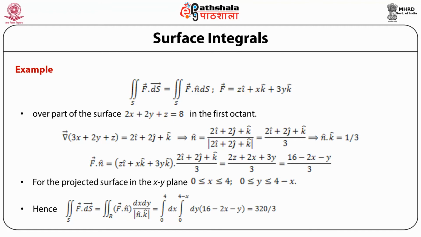Hence, surface integral over S of F dot ds is equal to surface integral over R of F dot n cap into dx dy divided by n cap dot k cap, equal to integral from 0 to 4 dx into integral from 0 to 4 minus x dy into 16 minus 2x minus y, which is equal to 320 by 3.